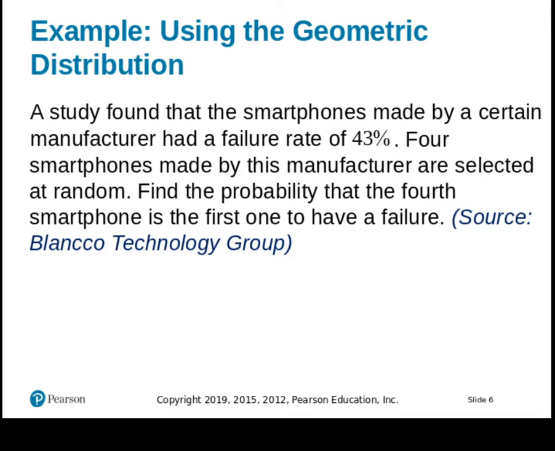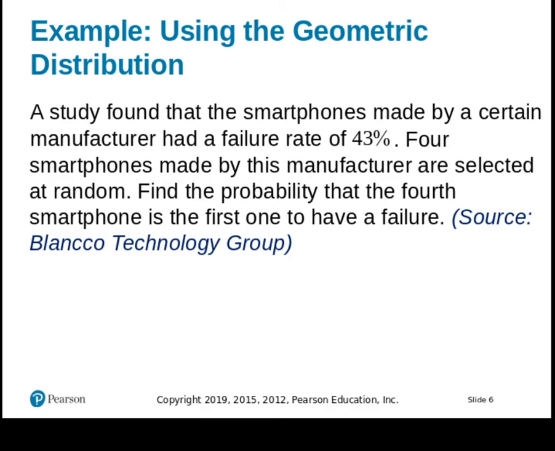Now, geometric distributions actually get used in quality control a lot. You will count until your first failure, and you'll use that backwards to figure out what your failure rate is. We're going to learn it forwards right now. Later on, we'll learn how to use tables to do these things backwards.